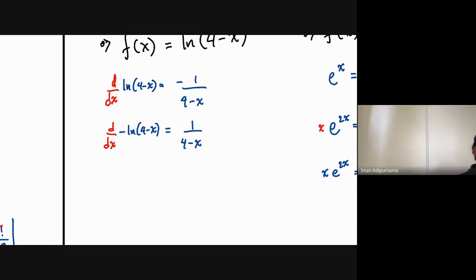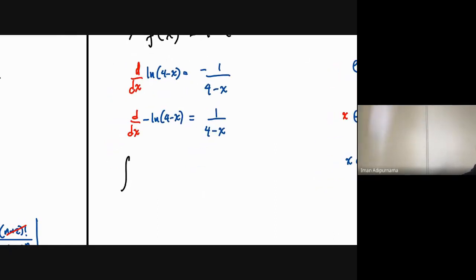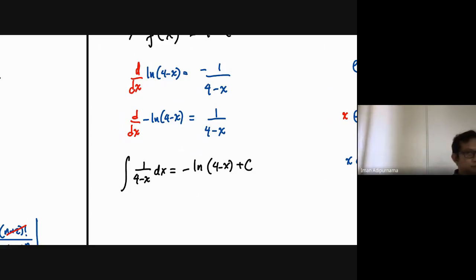So we can write the integration of 1 over 4 minus x dx. This is equal to minus ln(4 minus x) and then plus c.